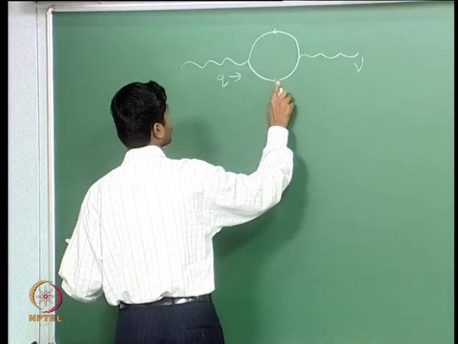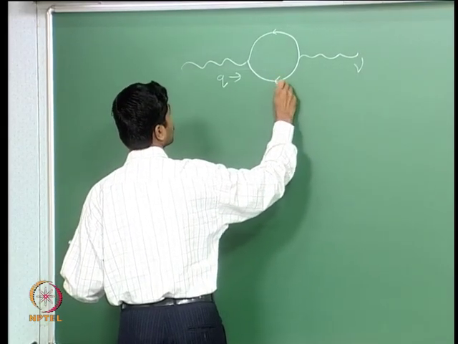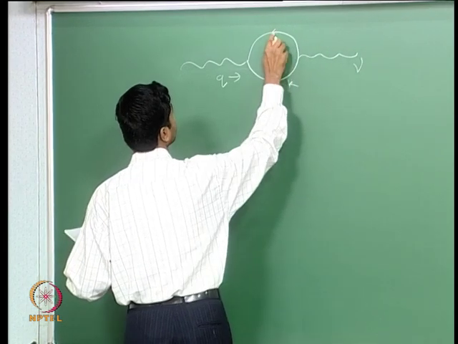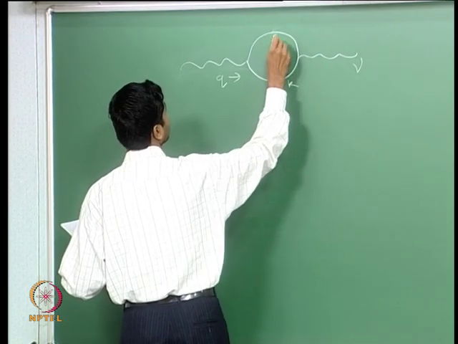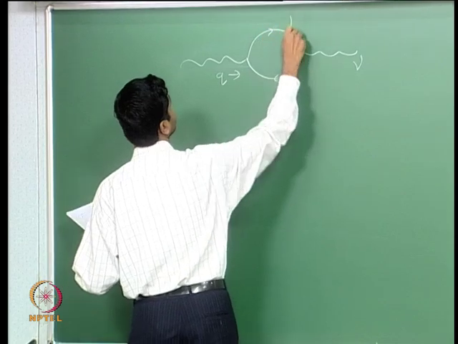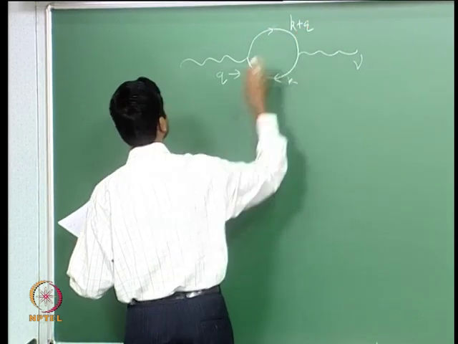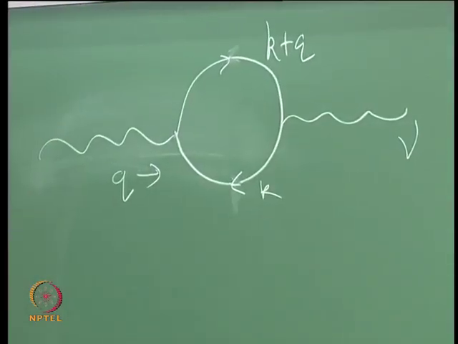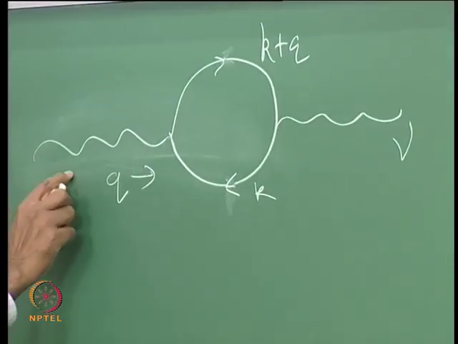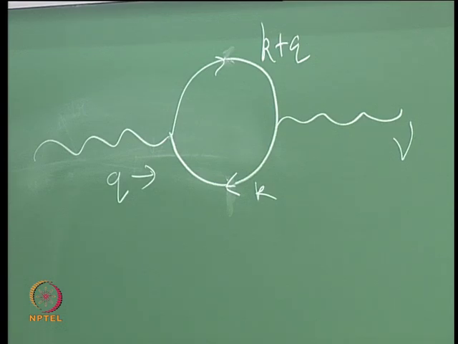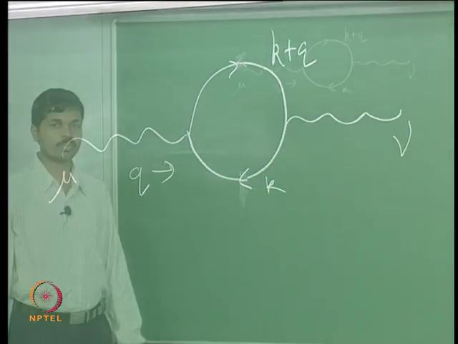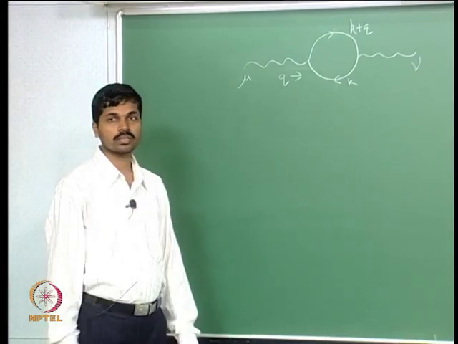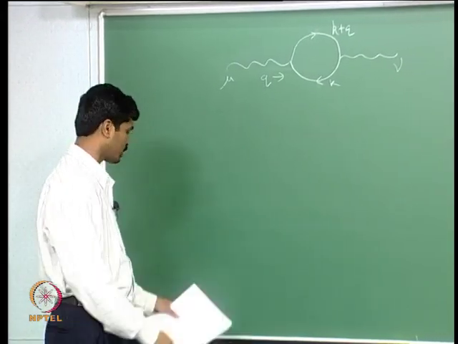If I denote this momentum here to be k, then this will simply be k plus q, and we need to consider the contribution of this diagram, a diagram of this type, to the photon propagator. This is what we will discuss in today's lecture.